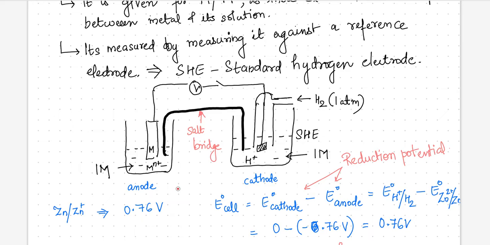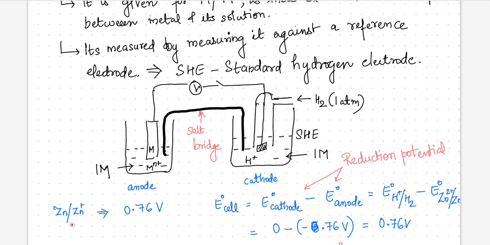But it depends on whether a reduction reaction or an oxidation reaction is happening here, and the roles can be reversed. But usually when we measure, we take the standard hydrogen electrode to be the cathode and the metal and its ion solution as the anode.